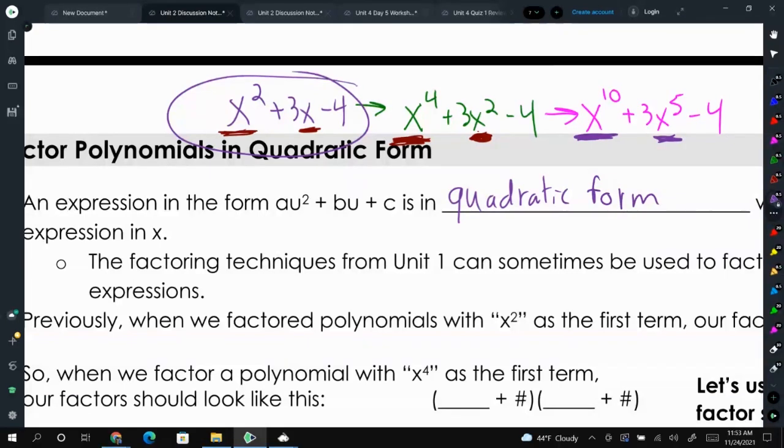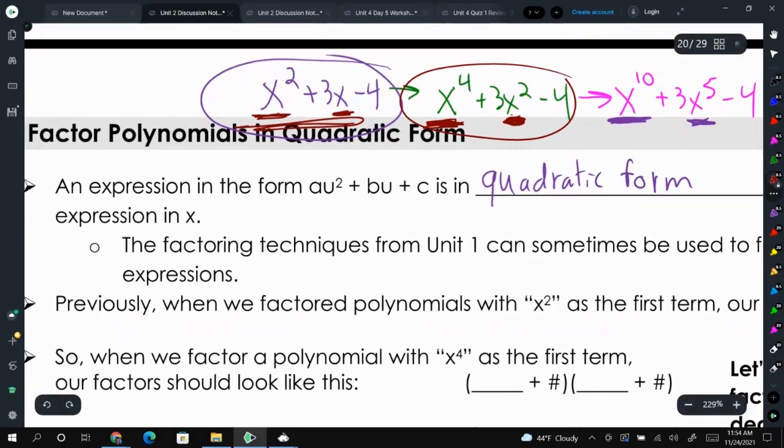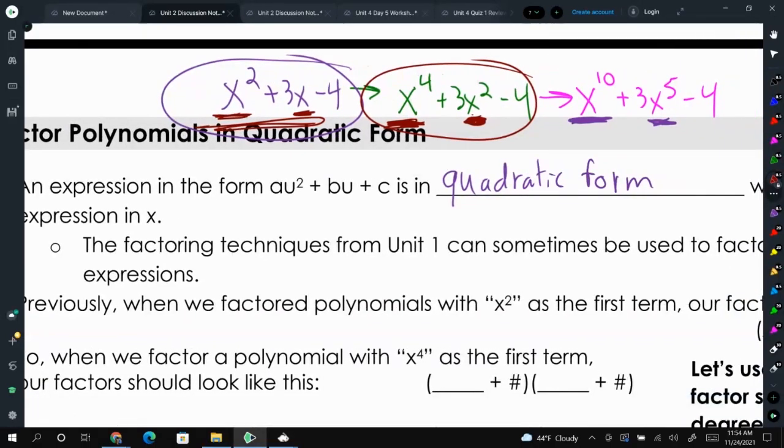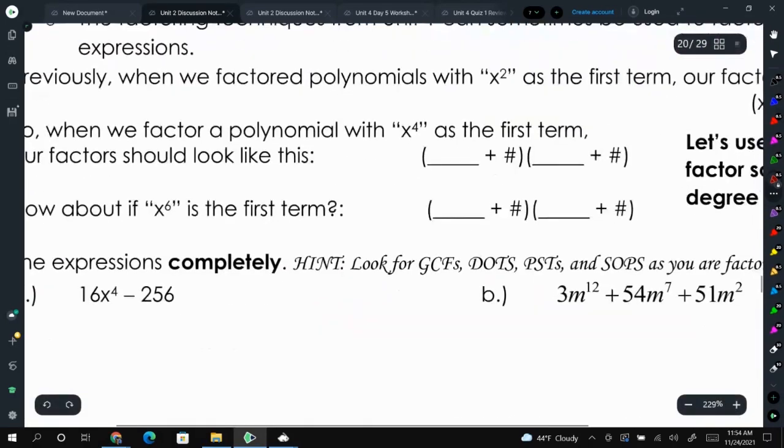What that means, though, is that our factors are going to look different. Our factors, instead of being like in this form, x minus 1 times x plus 4, if we're looking at this one, we would say x squared minus 1 times x squared plus 4. Whatever this something is, this middle term, that's going to be the x at the front of your parentheses.